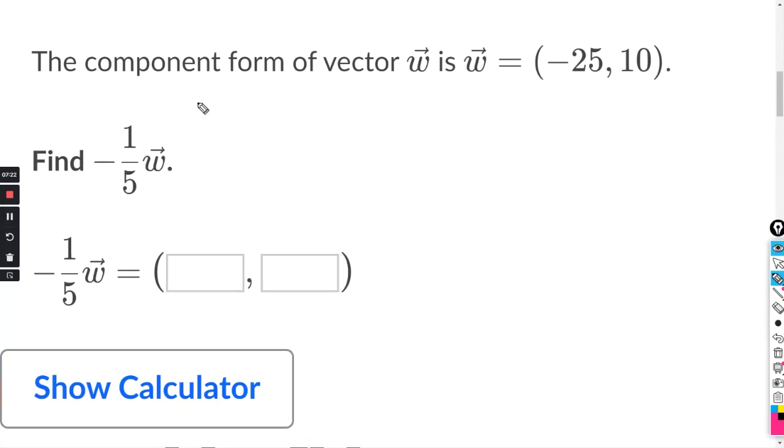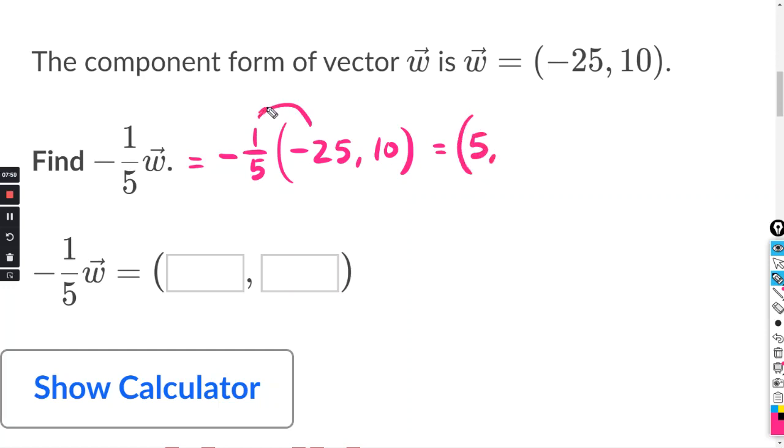Here they give us the components of vector w, negative 25 comma 10. They want us to find negative 1/5 of w. So it's very simple. It's very similar to distributive property. You take the negative 1/5 and you multiply it by each component. So negative 1/5 times negative 25 is going to be positive 5.